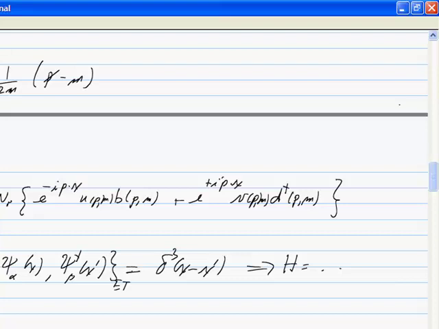So if you were just doing this classically, this is what you'd write, except you'd call that star. But now here we're going to try to make them as operators. And that's our starting nomenclature.